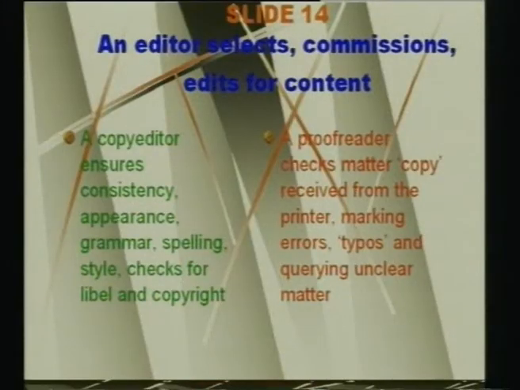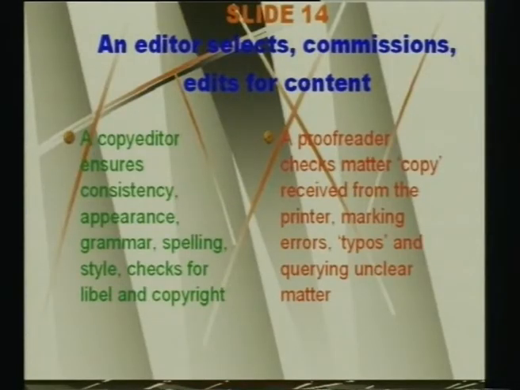Now, what does an editor do? An editor could be a commissioning editor, a person who selects the books that are submitted for consideration and then edits for content. Now, editors are of many types. There are various ways of categorizing editors as well. We can categorize editors by responsibility or designation, which is what is done in newspapers.